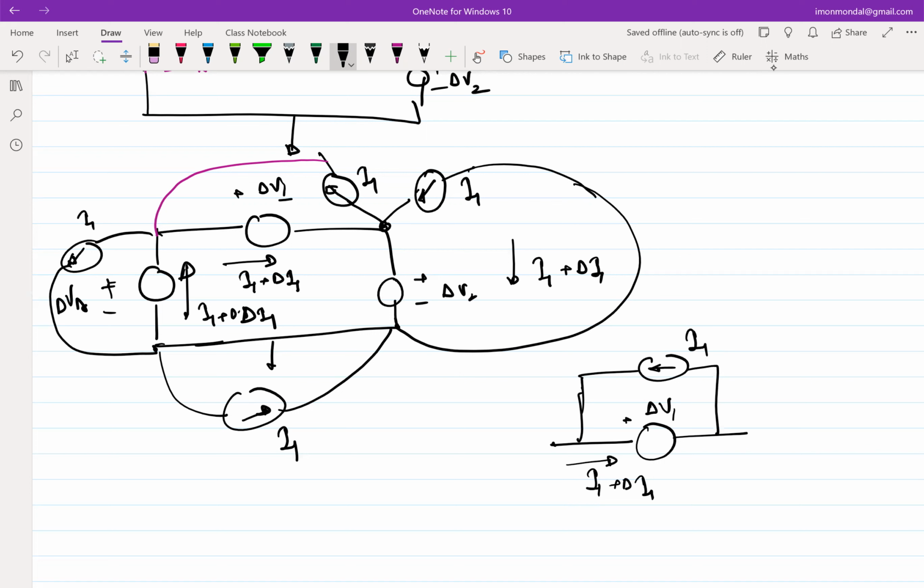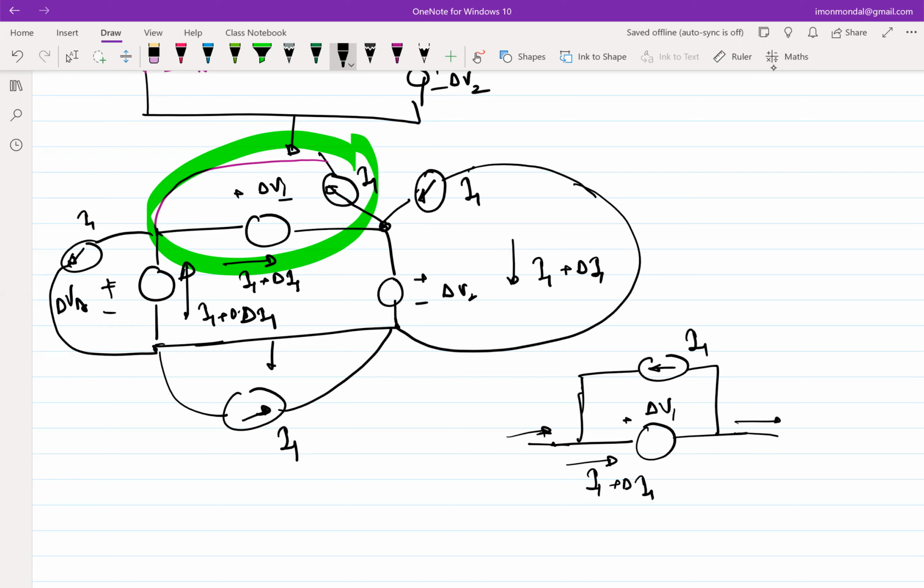It seems like that, right, if I observe this loop. So now can you comment on what is coming out? What is the current that is coming out through these terminals? Only delta I1. So I1 goes off.